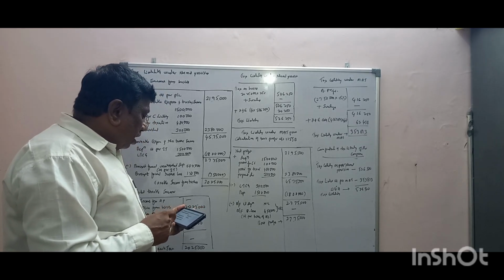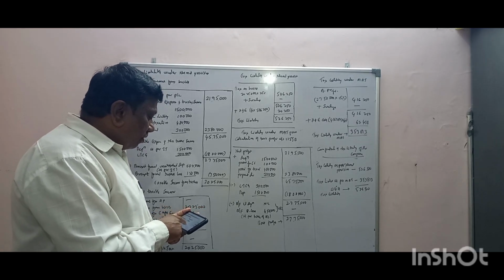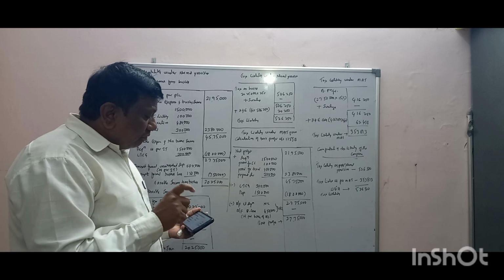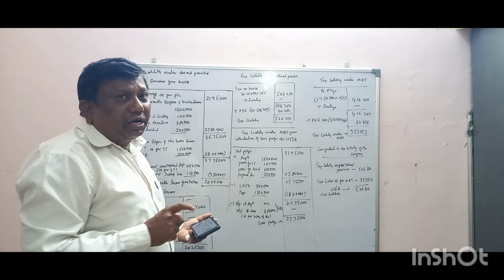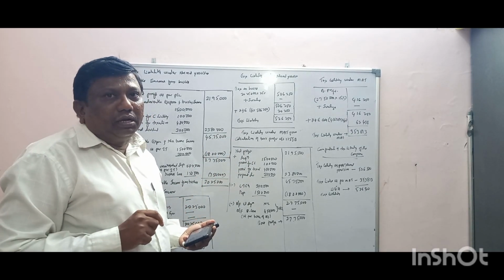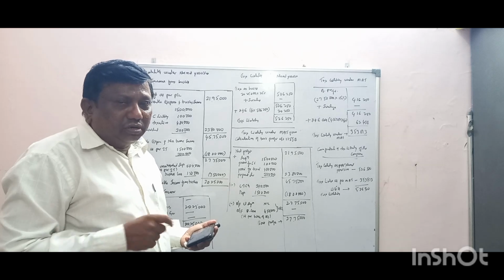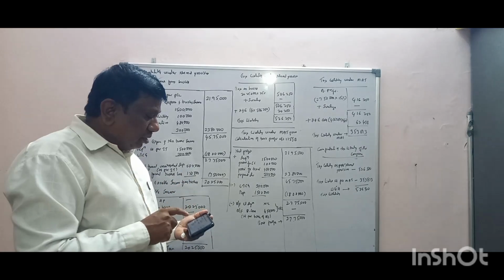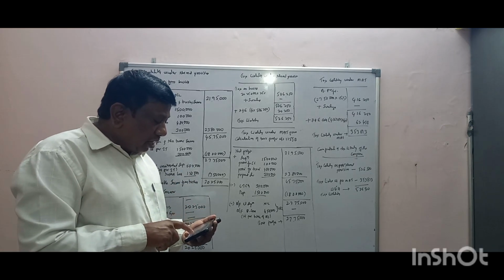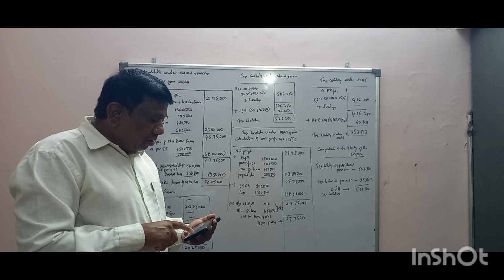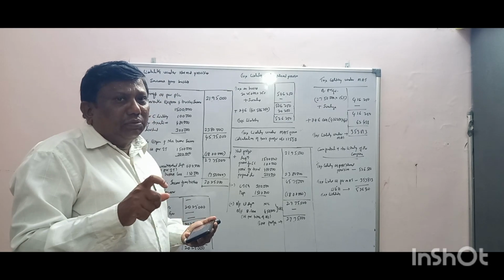Brought forward loss is 4,50,000. That is as per books of account. So in the MAT problem, under MAT provision, we are subtracting brought forward losses and unabsorbed depreciation. Unabsorbed means what?